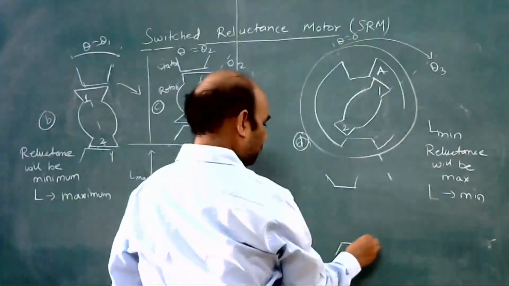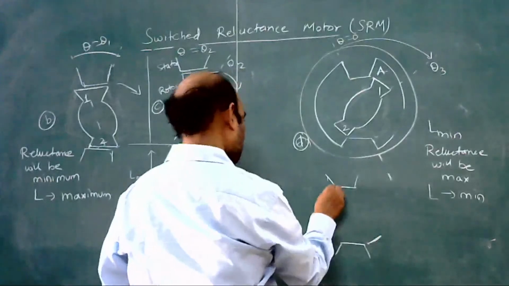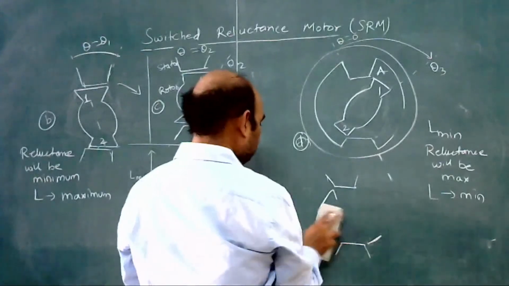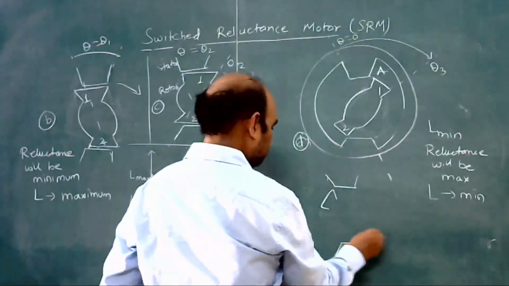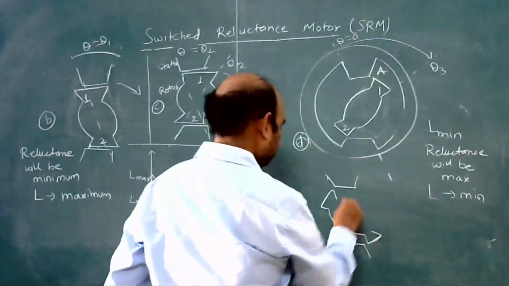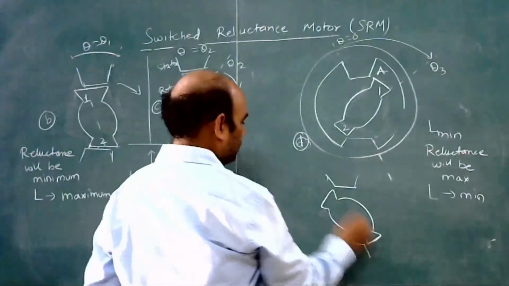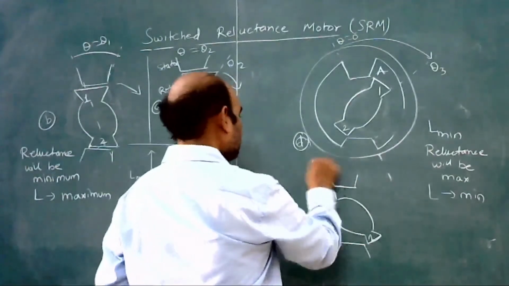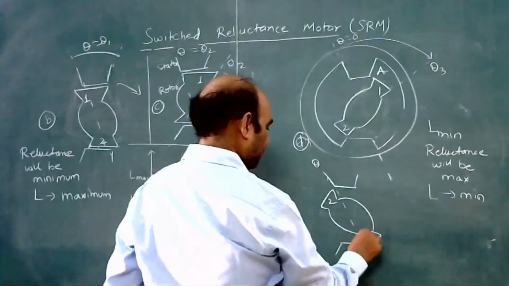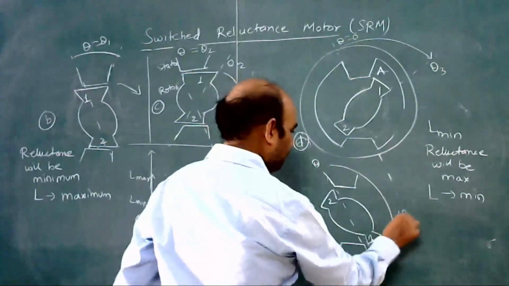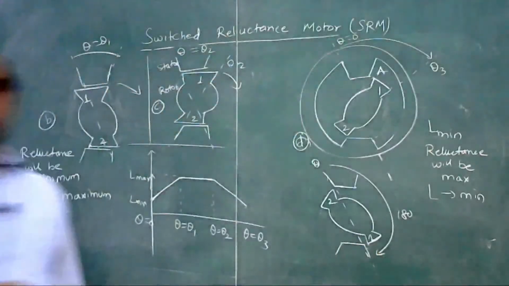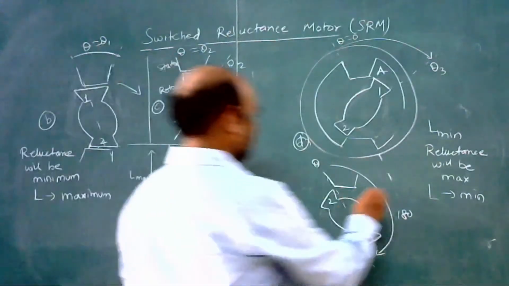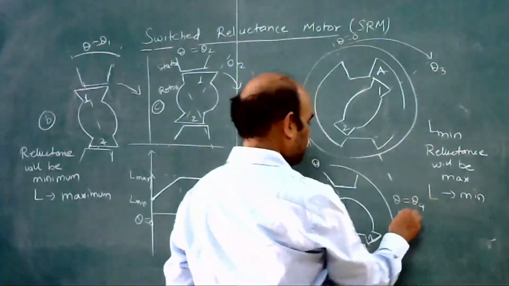Now this one will come to here like this. This is 1 and this is 2. This is theta and this is angle 1. Theta is equal to theta 4 is equal to 1.